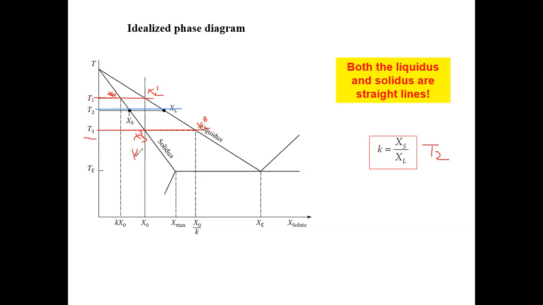And I can do the same thing for T1: I take the composition of the solid at T1 and divide by the composition of the liquid at T1. I call this ratio K1. What is the relation between K1, K2, which is said to be K, and K3?